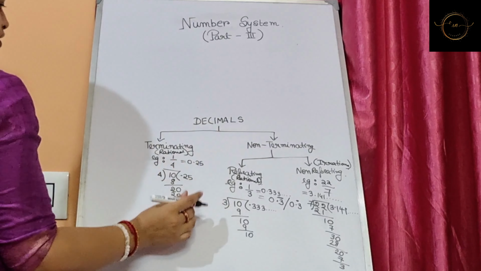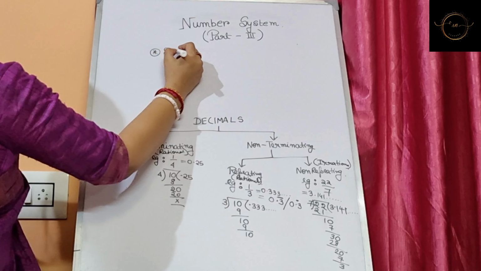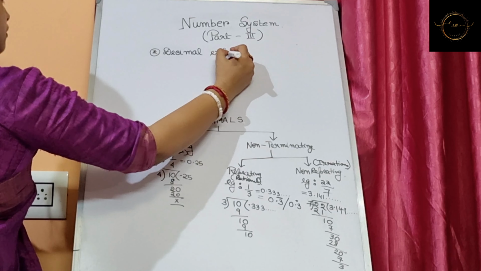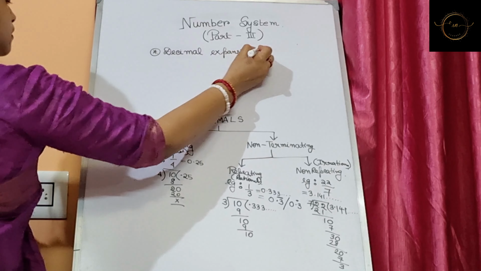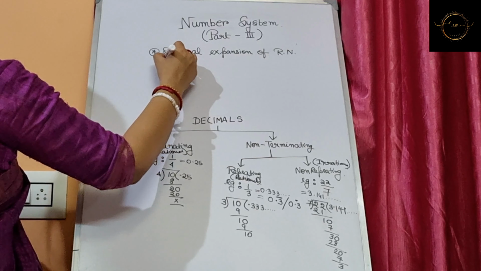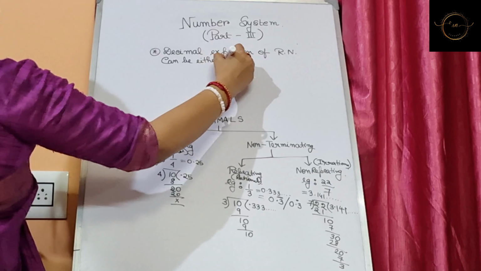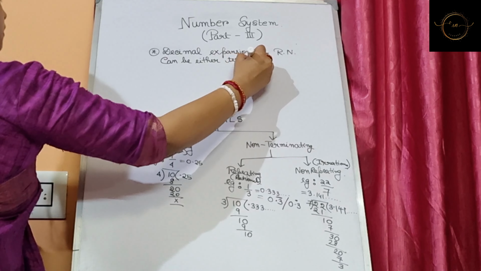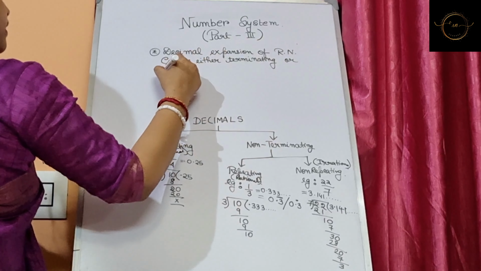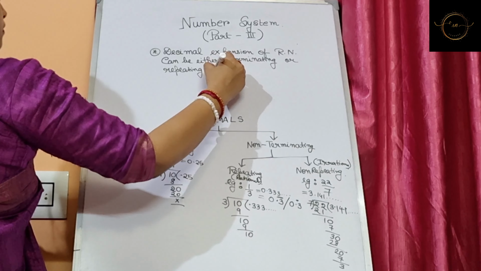Let's come to the conclusion that the decimal expansion of rational numbers can be either terminating or repeating decimals.